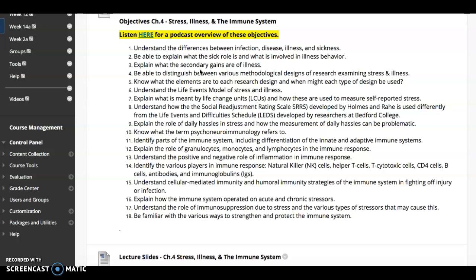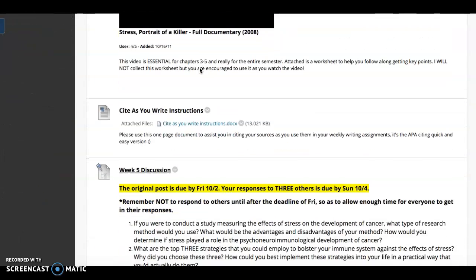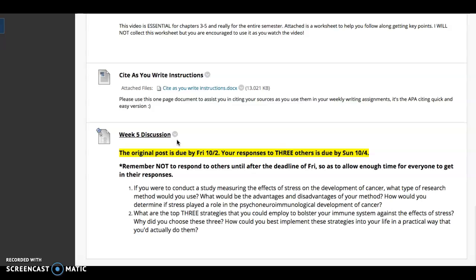And as you do that, make sure you're citing the chapter, right? So you want to cite Harrington and the year. You do not want to be using direct quotes. That's kind of like a no-no in research. I know you're probably taught to do that in English. This is not English. This is like scientific writing, right? So you'll learn that that's really important in the sciences, is we don't use direct quotes.